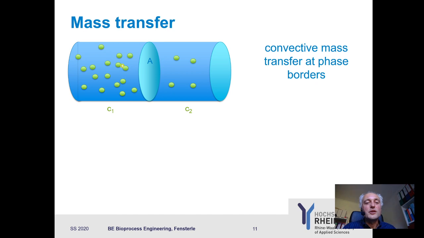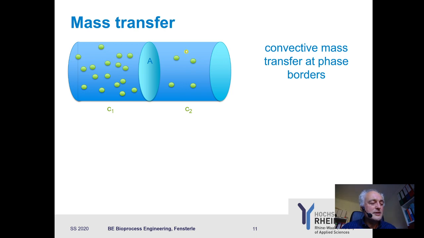At the end, what are we talking about? We have a liquid, where we have a substance with a concentration C1 on the left hand side, and on the right hand side a concentration C2, and in between there is a phase border.